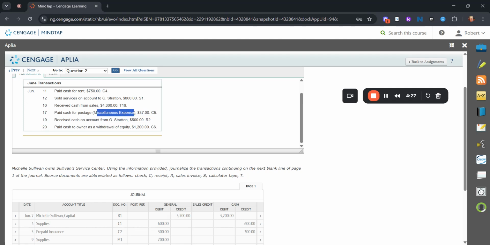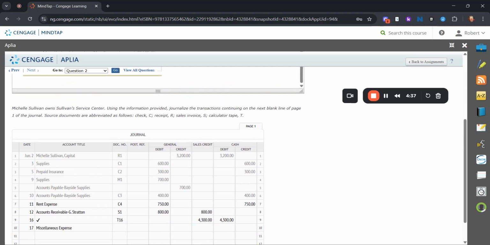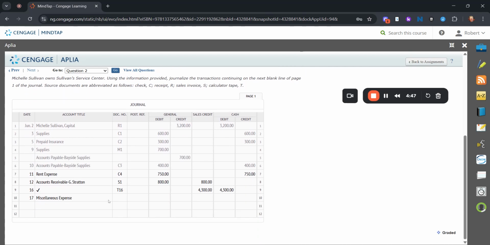It's one of those words that's easy to misspell. Miscellaneous expense, and that is check 5, $37. So C5.